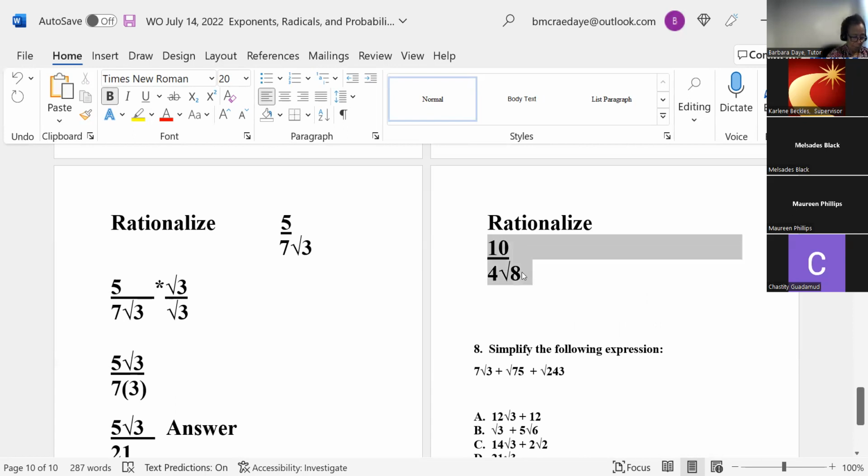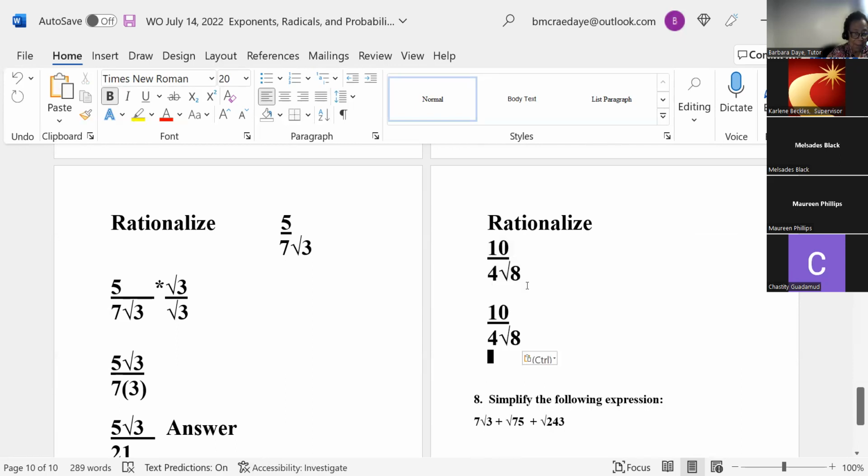Okay, you multiply the 10 by the radical 8. That's right, very good.